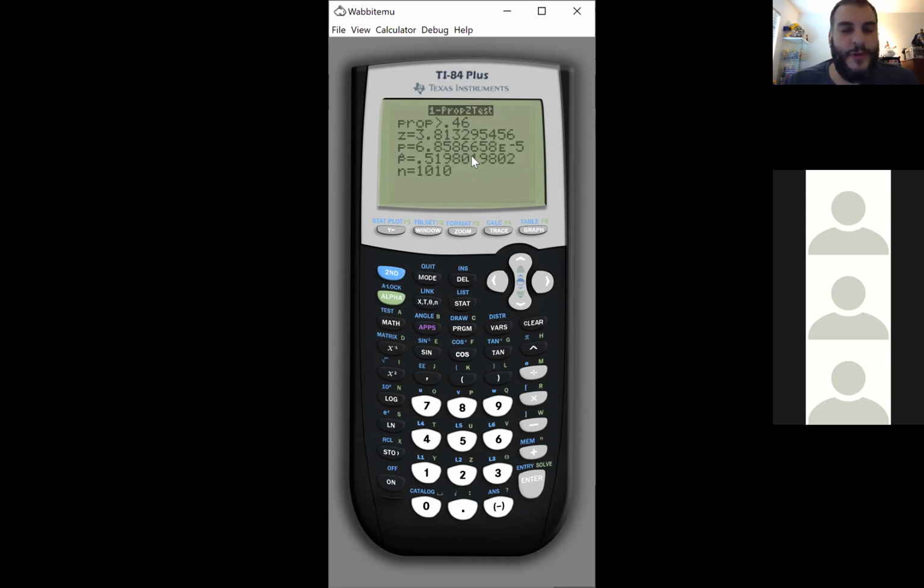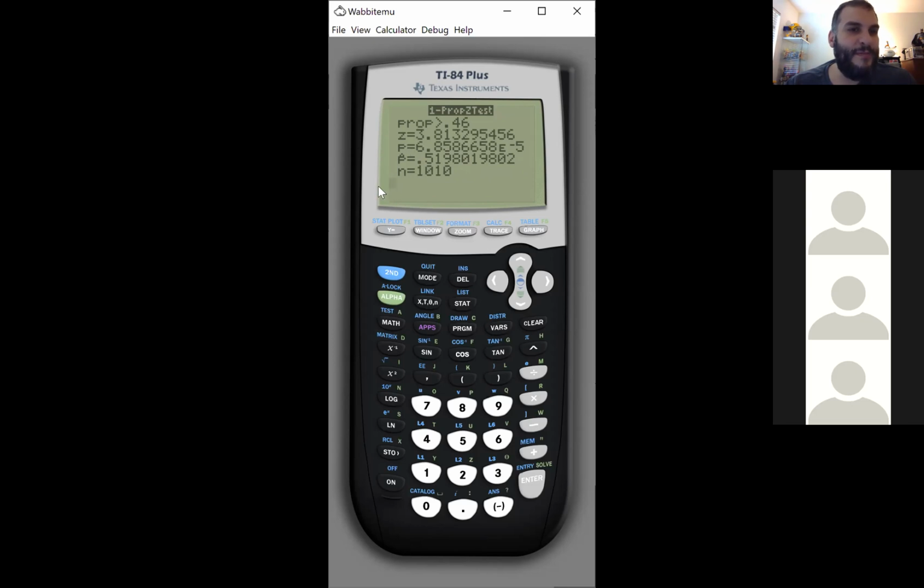If you do use the TI-84, you do have to be careful, because if you look right here, it says p value is equal to 6.8586. But if you notice all the way at the end, it says e to the negative 5. So the e to the negative 5 means you take this decimal point and move it 5 places to the left.